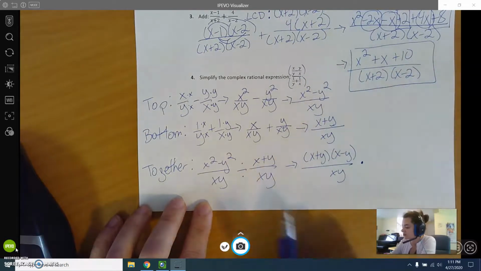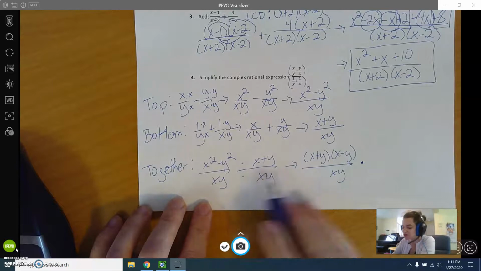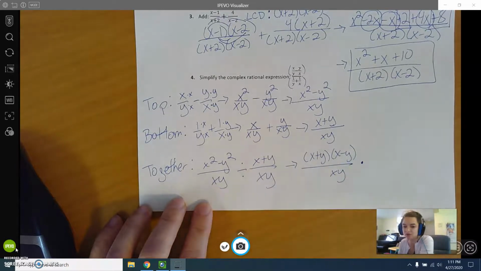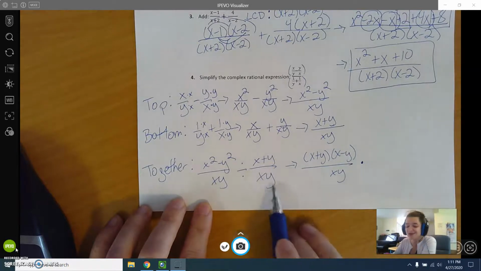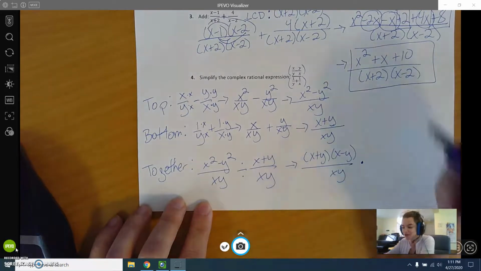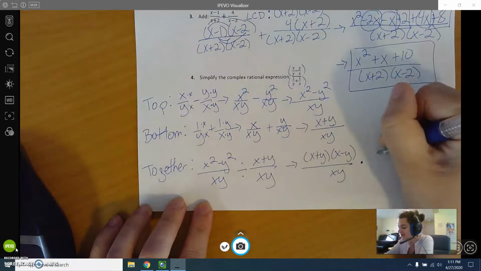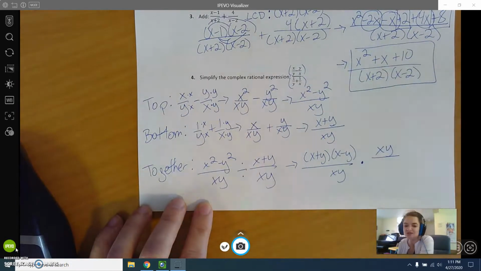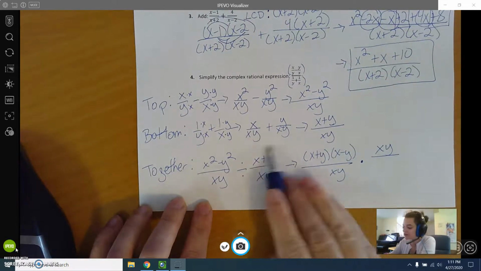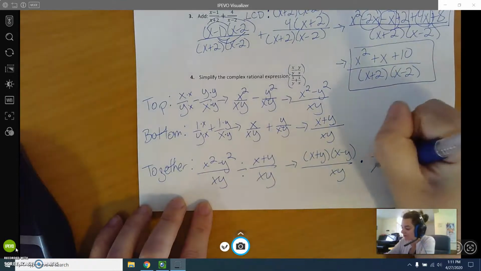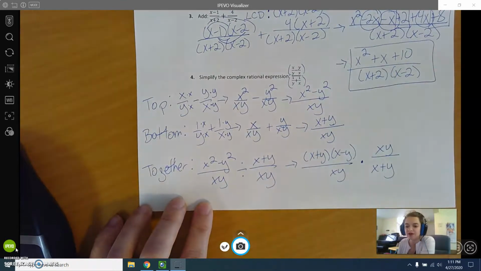And I'm going to go ahead and change from division to multiplying by my reciprocal. The reciprocal means whatever was in the denominator, it's in the numerator now. So there was an xy down there. Now the xy is in the numerator. The x plus y was in the numerator before. It'll be in the denominator now. Okay? So that's what the reciprocal looks like.